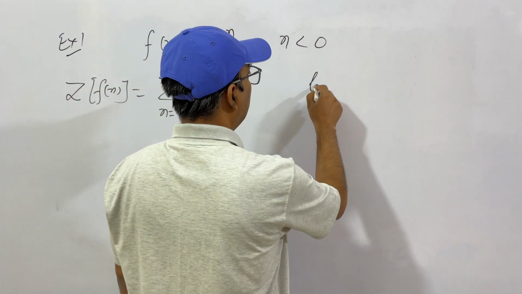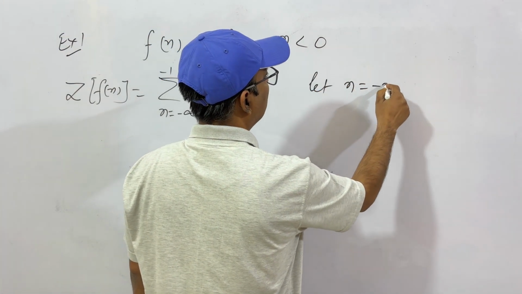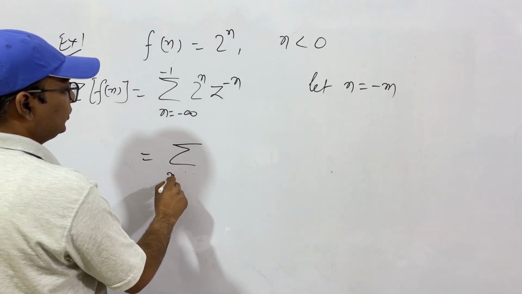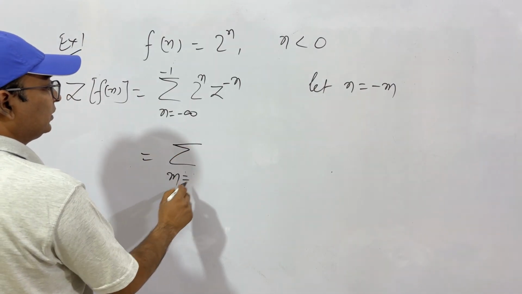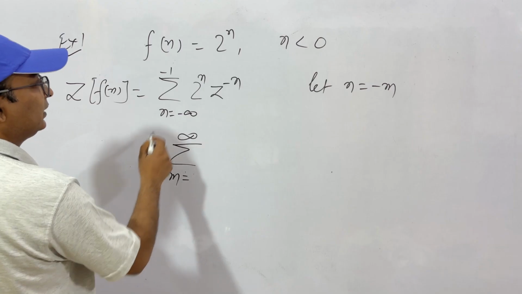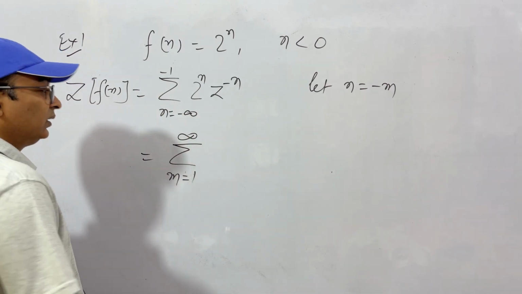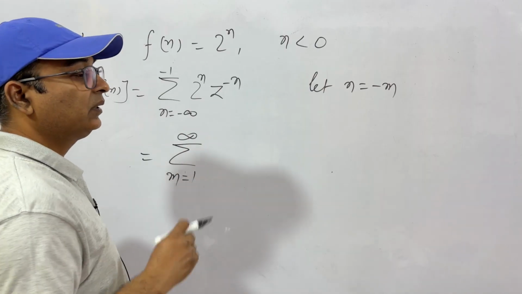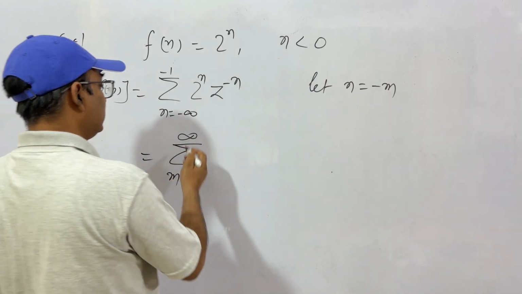What we do is let n be equal to minus m. Therefore the limits for m will be, minus infinity becomes infinity, and minus 1 becomes 1. So 1 to infinity. It doesn't make much difference, 0 to infinity or 1 to infinity is almost the same, because this is infinity.